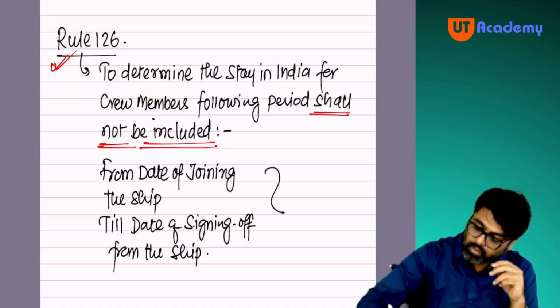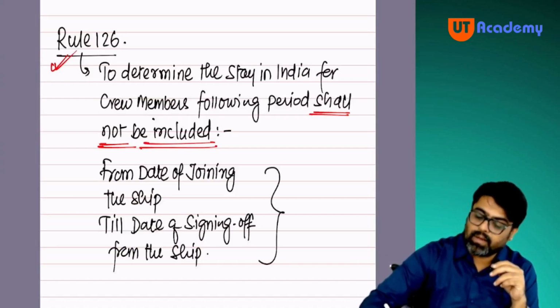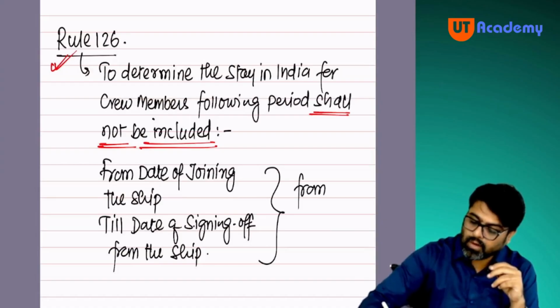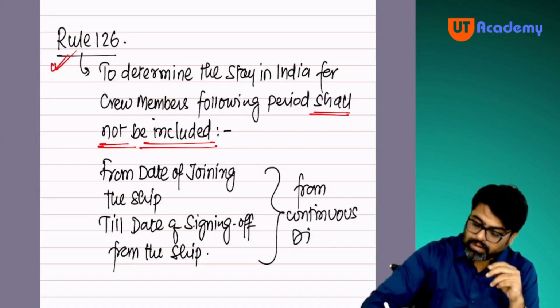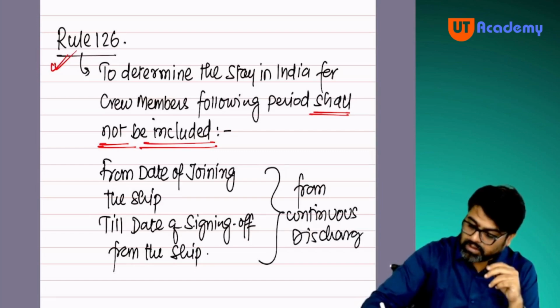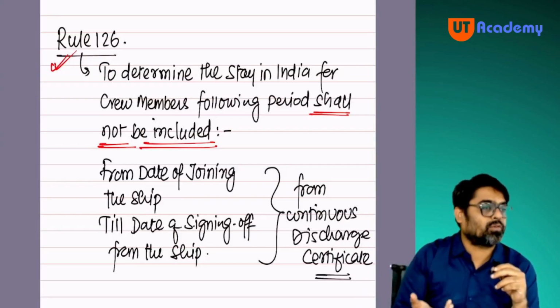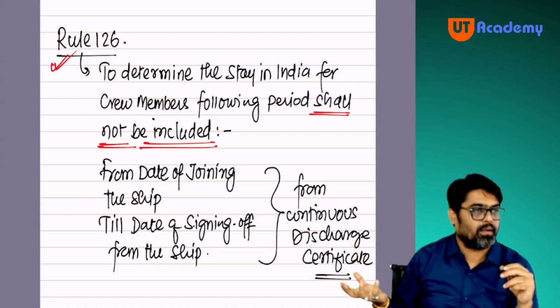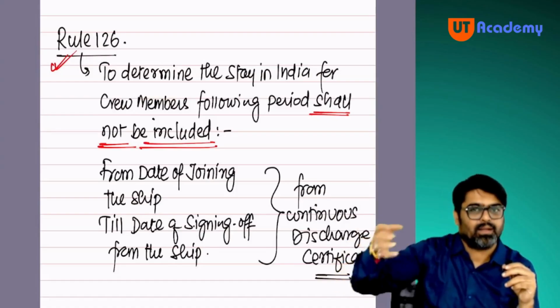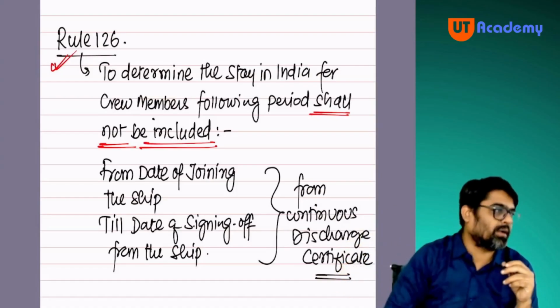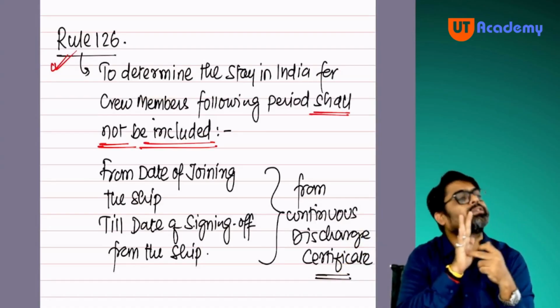And these two dates, this period will be available from the continuous discharge certificate. So for these crew members, the shipping company whose ship it is will issue a certificate to them. On that certificate, these dates are written.